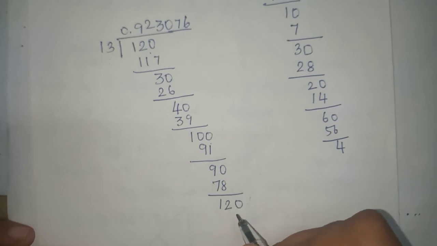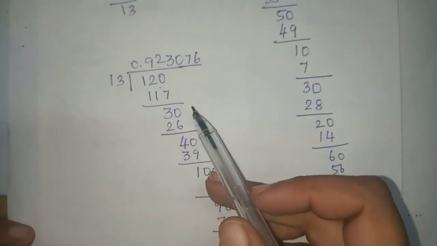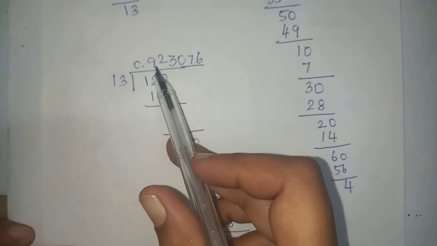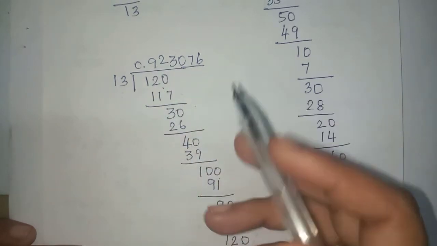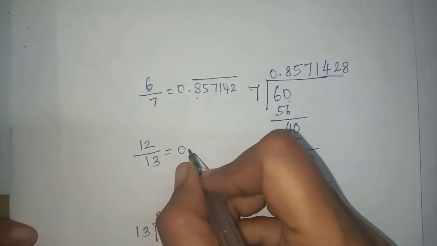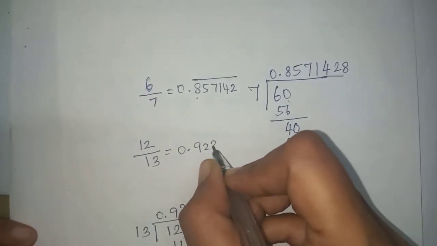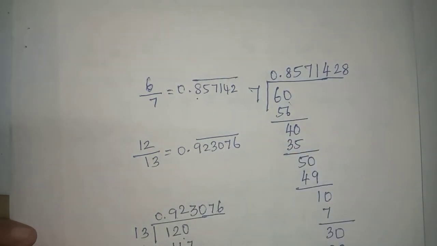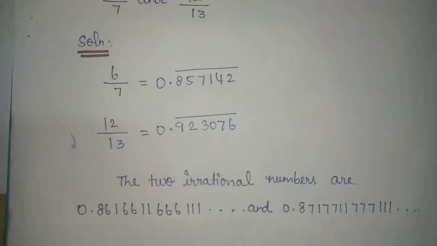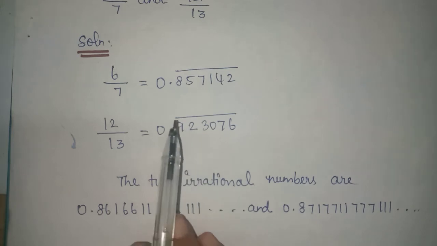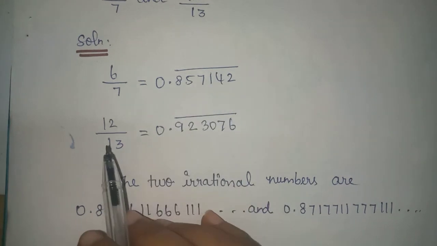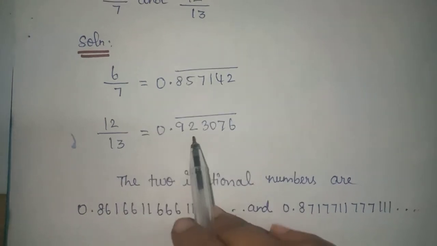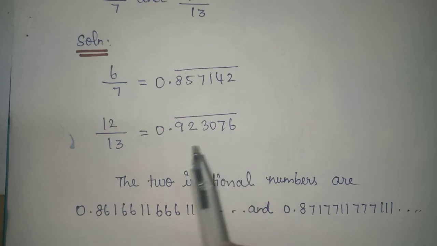Again add a 0. Again it repeated from the first. So again it goes on 9 2 3 0 7 6 like that, which is equal to 0.923076 bar. So now we find the value of 6 by 7 as 0.857142 bar and 12 by 13 as 0.923076 bar.